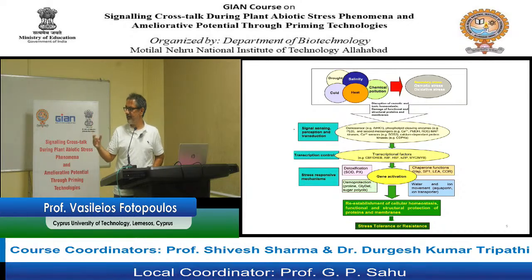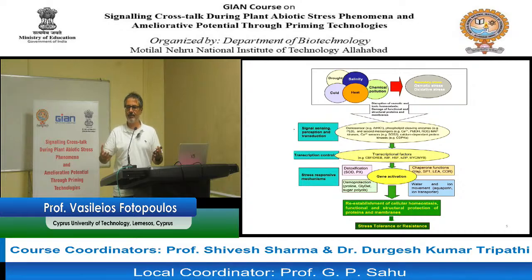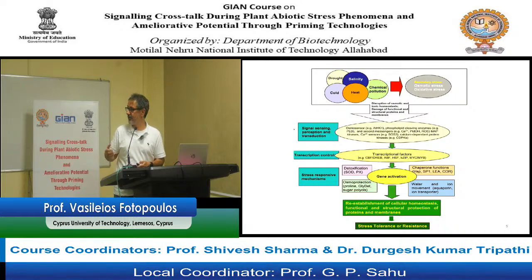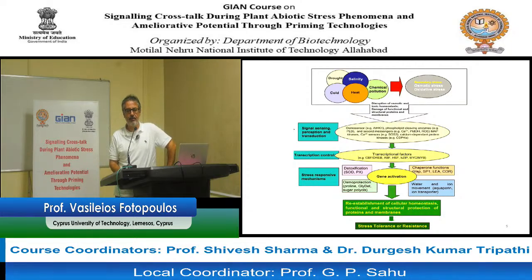As a result, this then will activate the stress-responsive mechanisms. So this can include, through gene activation, components of detoxification. Again, briefly yesterday in my background talk of the work we do in my group, we mentioned the necessity of activation of a number of antioxidants, enzymatic antioxidants in the cell.